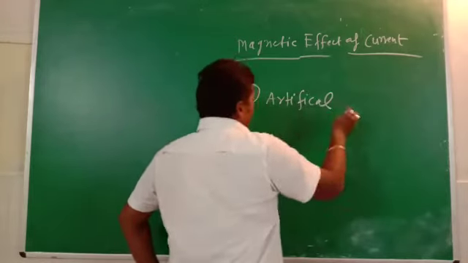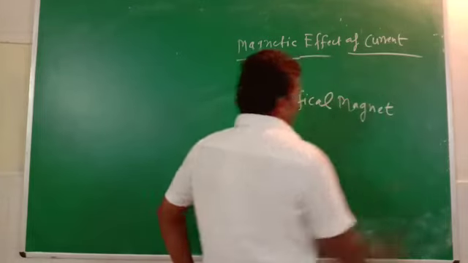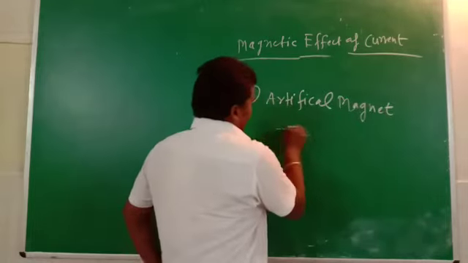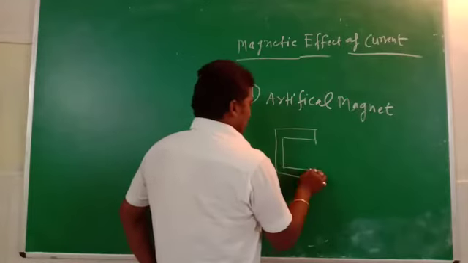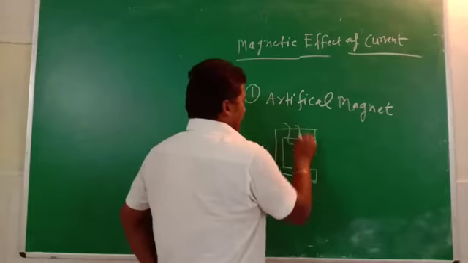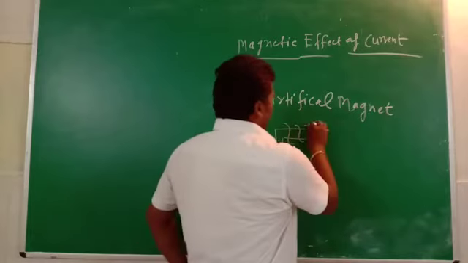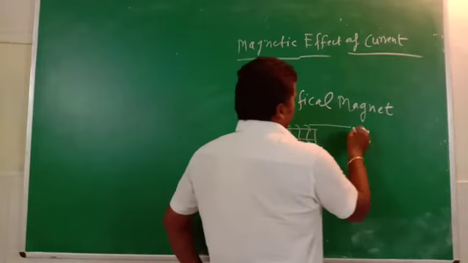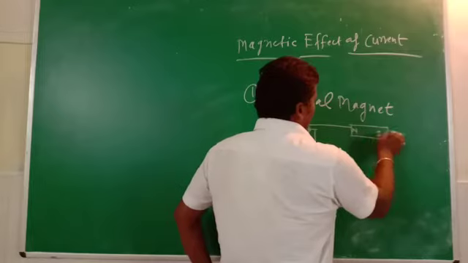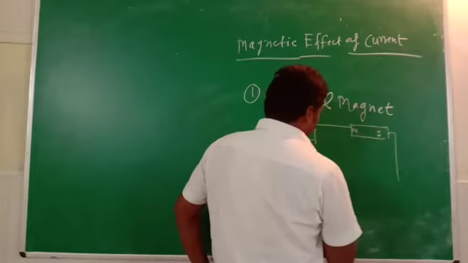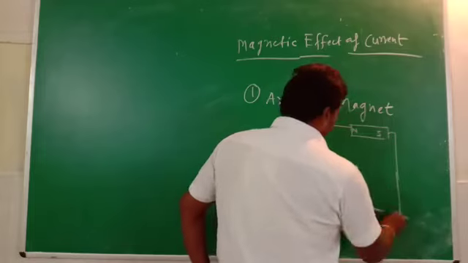First we take a soft iron U-shaped plate, and it is mounted with laminated copper wire, and one end is also connected with the bar magnet, N and S, and it is also connected with the battery and key.